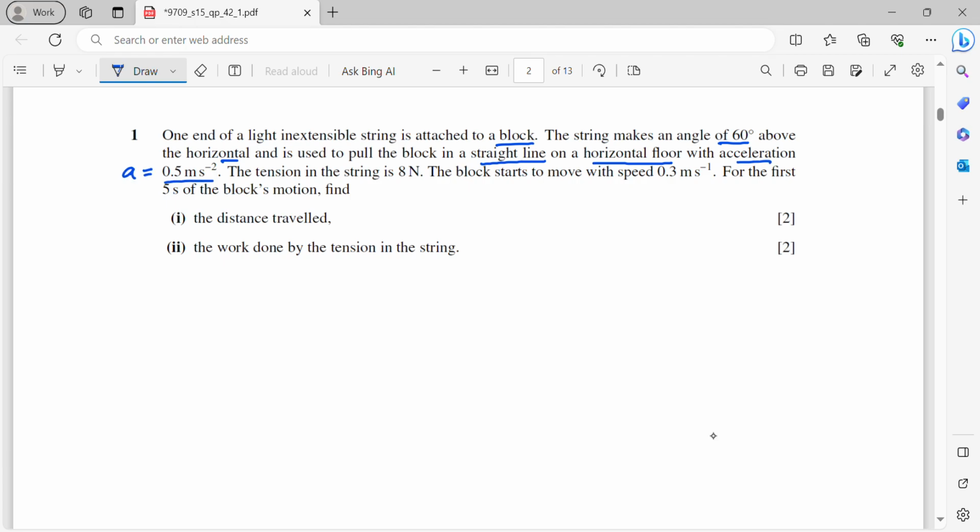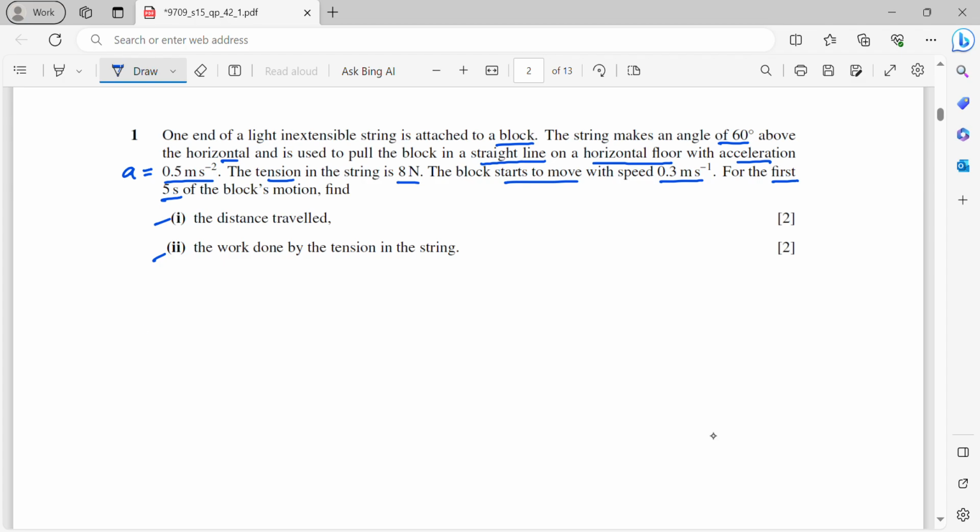The tension in the string is 8 Newton. The block starts to move with speed of 0.3 meter per second. For the first 5 seconds of the block's motion, find the first part, the distance traveled. The second part is the work done by the tension in the string.